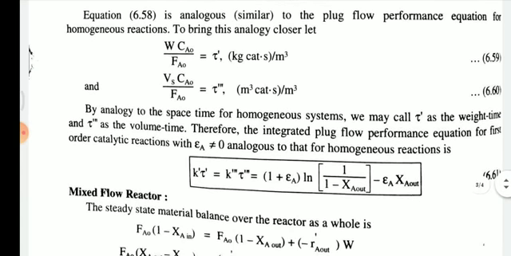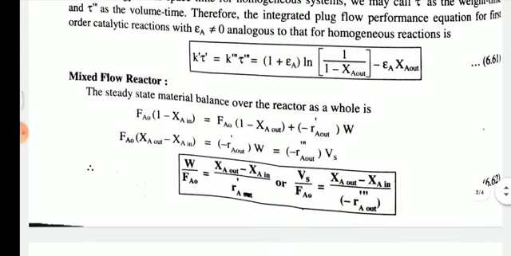But if we are considering a mixed flow reactor, how would it change? The mixed flow reactor consists of a steady state material balance over the reactor as a whole, similar to the plug flow: Fa0 1 minus Xa in is equal to outlet plus accumulation, that is outlet is Fa0 1 minus Xa out plus Ra dash out into W.